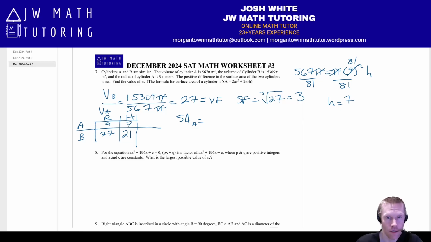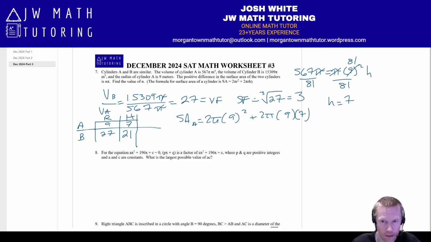Not sure if it's provided in problems on the test because you don't have the official exams to look at. So I provided it here, but otherwise definitely make sure that you have it memorized. So we get 2 pi times 9 squared plus 2 pi times 9 times 7.